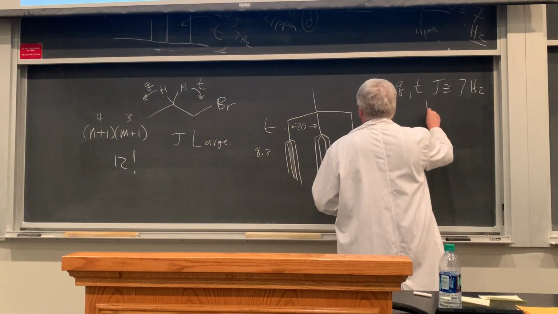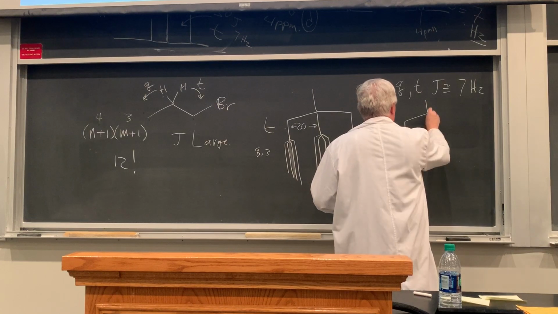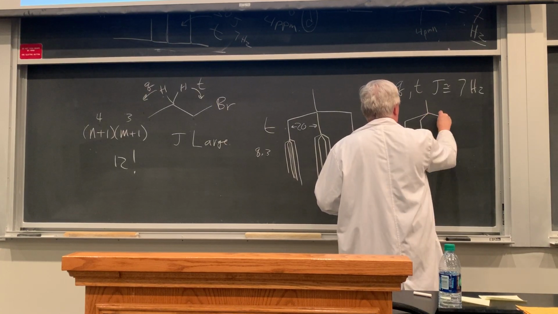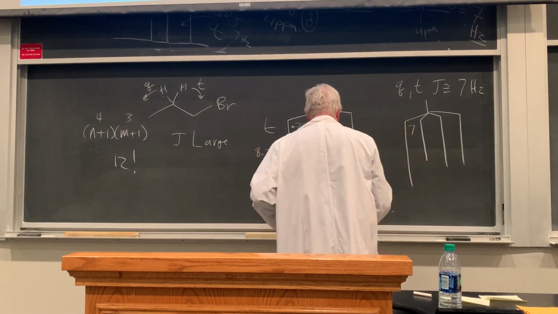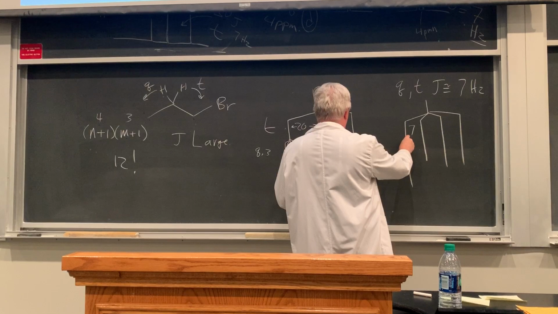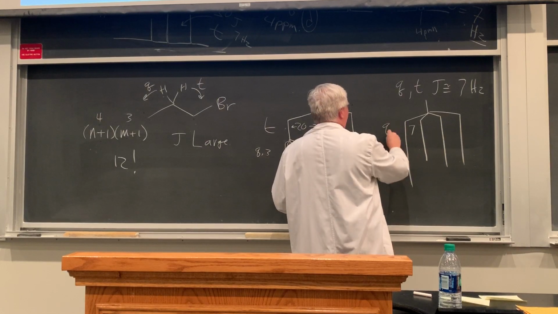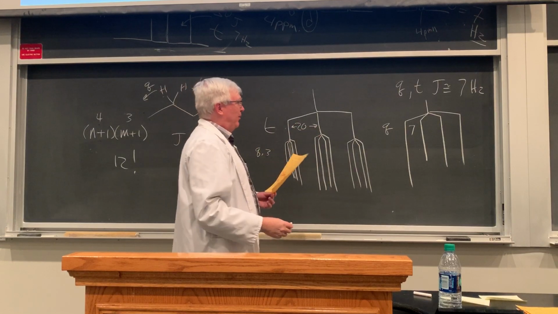So the first one we're going to do is the quartet. And it's going to look like this. Okay, and that's all around 7. Okay. Now each one of these has to be split into 3. So that's the quartet. We're doing the quartet first. It's just easier to do the larger multiplicity first.